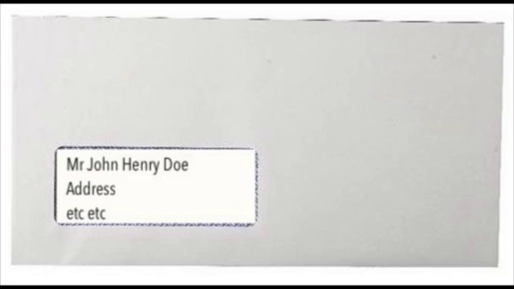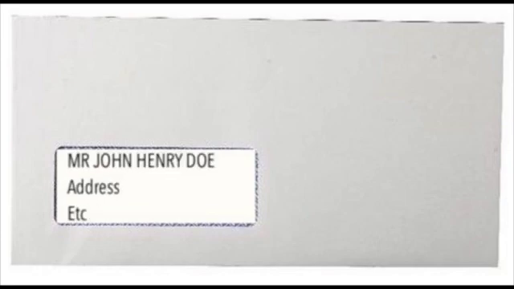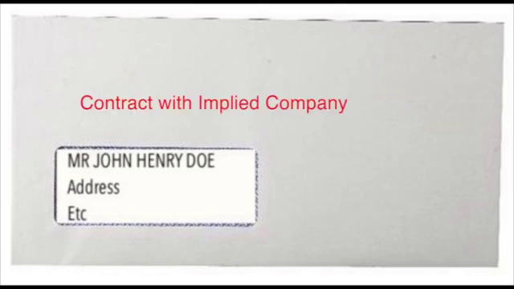Now, the switch: when you send off for that deal and make that deal, the first letter after that, your name will come in all capital letters, because now you are seen as an implied company that just made a contract with their company. Remember, a company is written in all capital letters. So the company is doing a contract with another company.